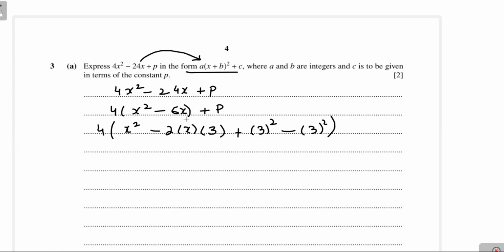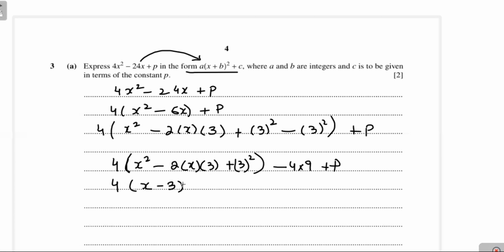Now we write here plus 3 square minus 3 square and plus p is written as it is. Now we write it as 4 into x square minus 2 into x into 3 plus 3 square, minus 4 into 9 plus p. Now we can write it as 4 into (x minus 3) whole square plus p minus 36.